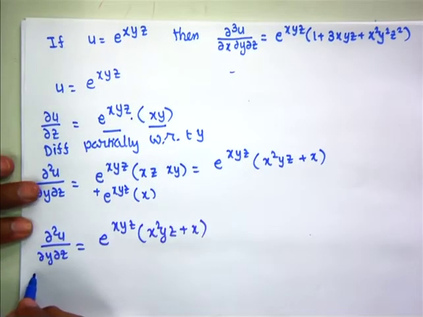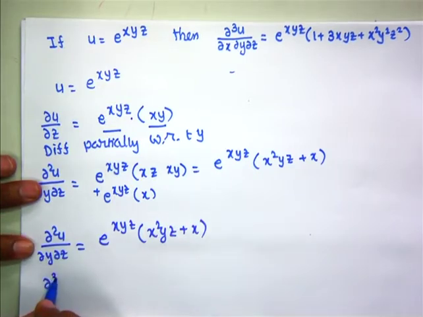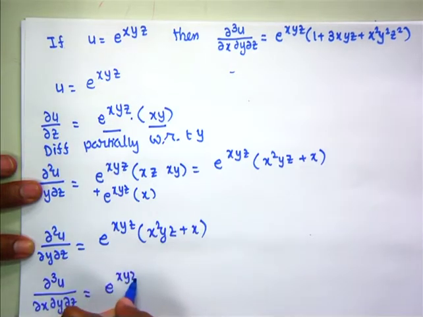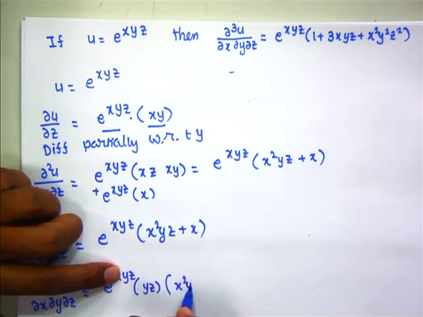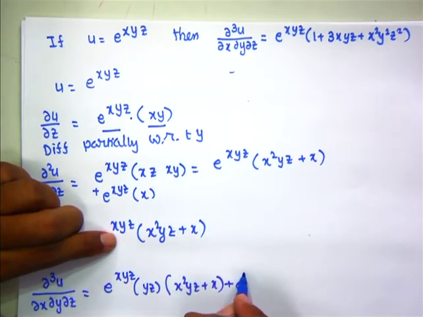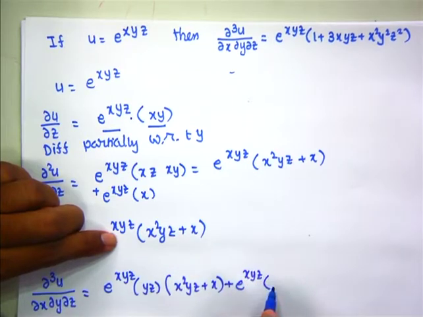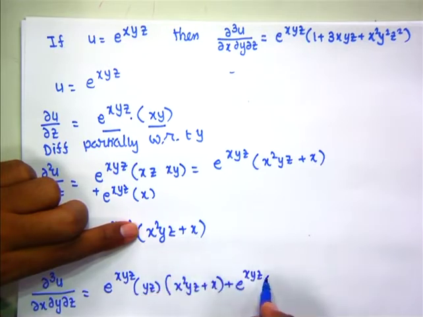Again differentiating with respect to x, so del cube u by del x del y del z is equal to e to the power x y z into derivative of this x y z with respect to x is y z, and this is fixed, x square y z plus x, plus e to the power x y z is fixed, and derivative of x square y z plus x is 2xyz plus 1.